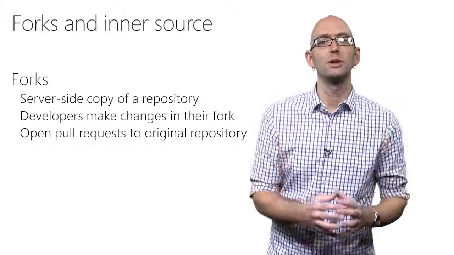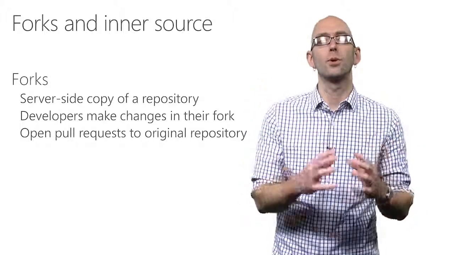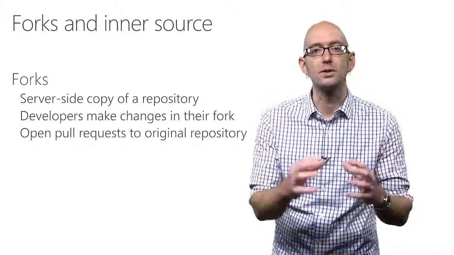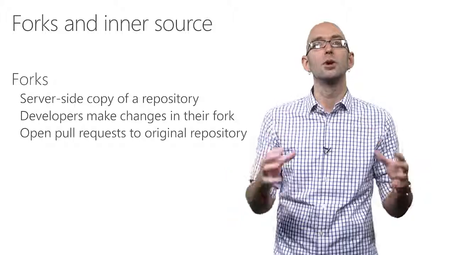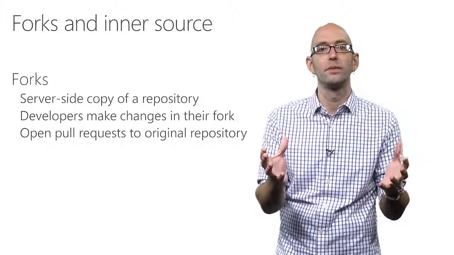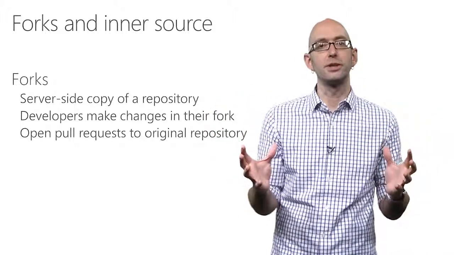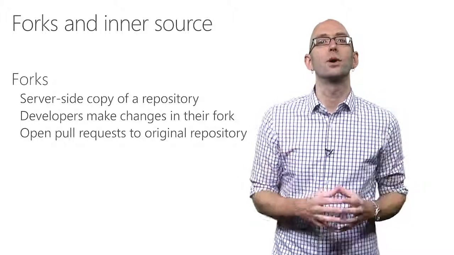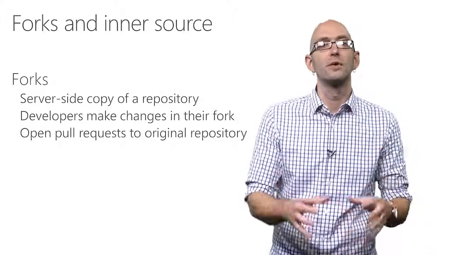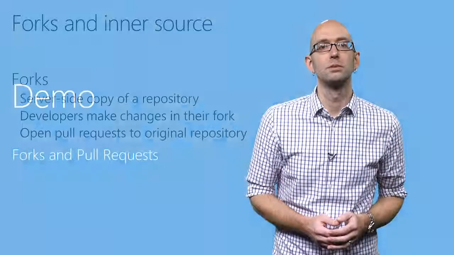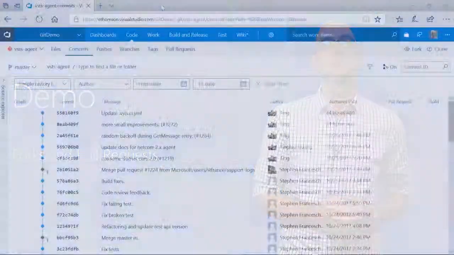And when you're happy with those changes, you can open a pull request to ask the owners of the original project to review your code and ultimately merge it into their project. And even though Visual Studio Team Services doesn't offer hosting for open source projects, it does offer forks for inner source style workflows. Let's take a look.